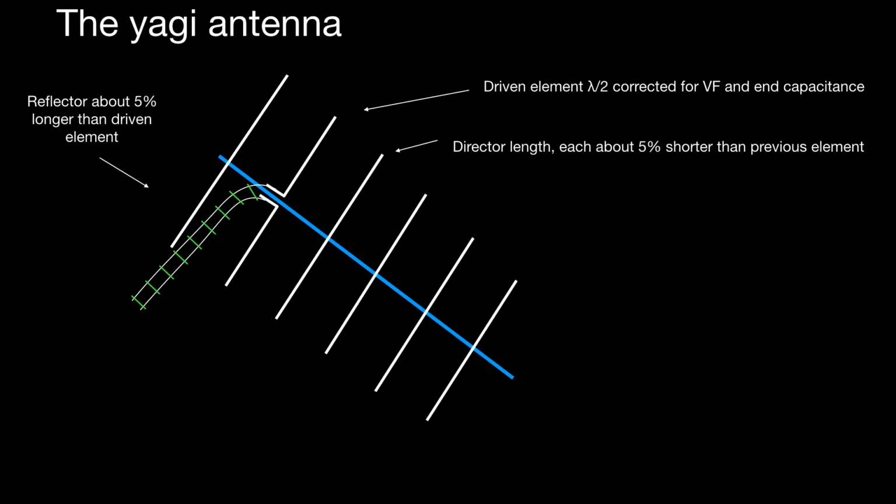Each director then works similarly to the reflectors, but they're cut to focus the power in the forward direction. Each one is about 5% shorter than the previous element, and the spacing between them is about 0.15 lambda. So that's the yagi antenna in terms of its construction.